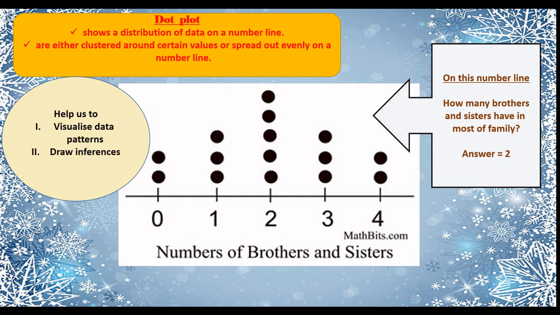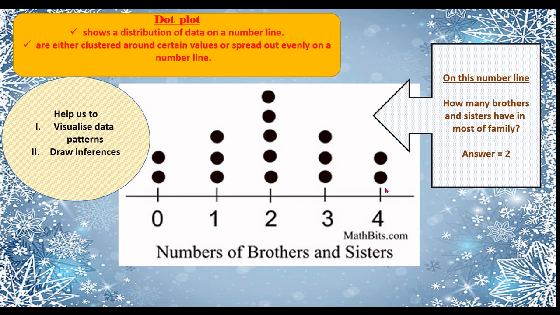This helps us see the data patterns. After that, we can draw an inference. For example, we can say that most of the families or most of the parents like a small family. They have only two brothers or sisters plus themselves, mother and father, so they have 5 members in total.